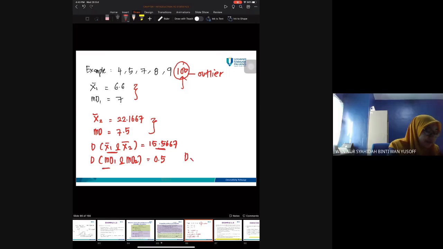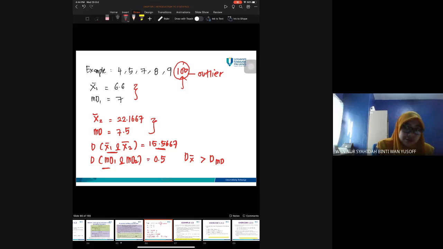The difference of X bar is greater than the difference of the median. Both are affected, but the mean is the worst one. That's what we mean by the mean being more affected by the outlier than the median. Hope that you get it. Any question so far?